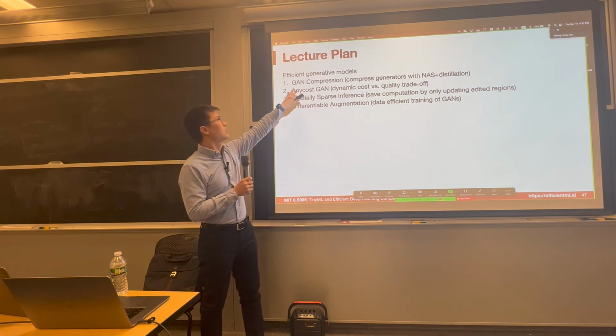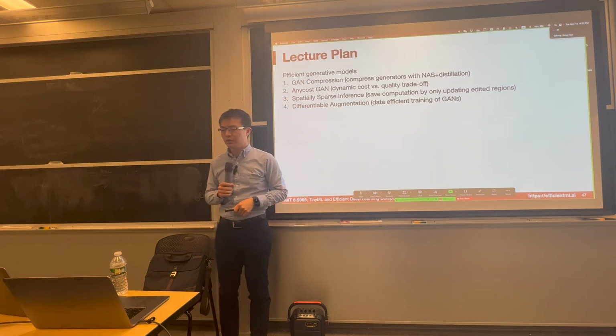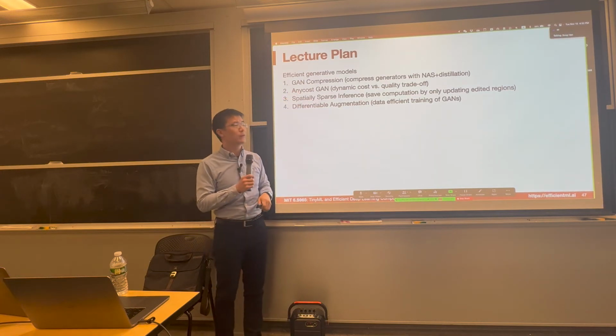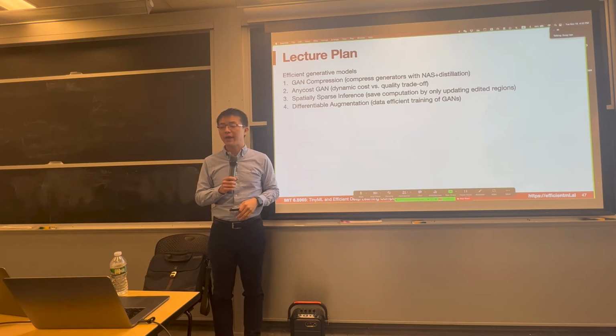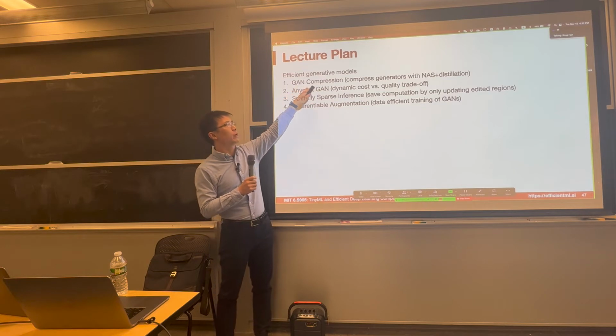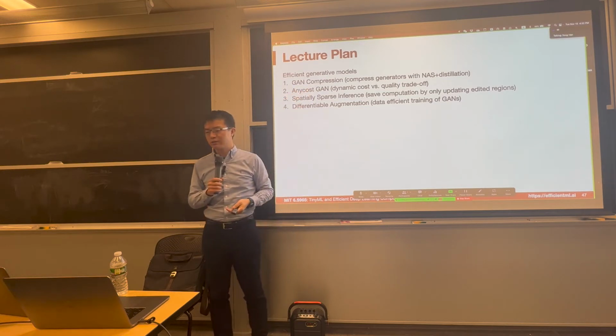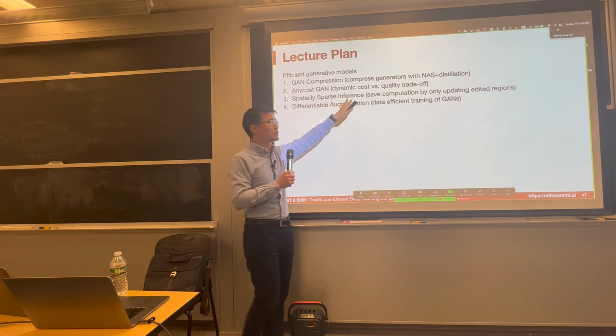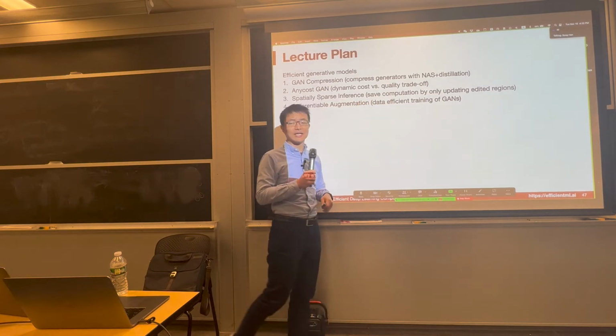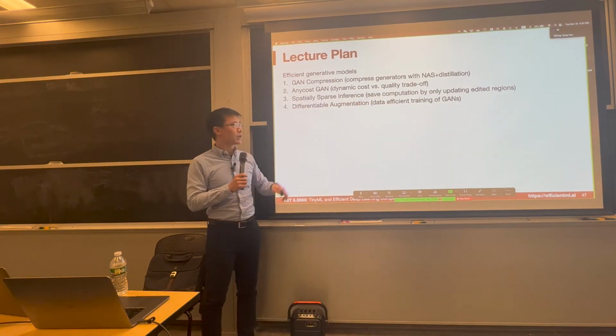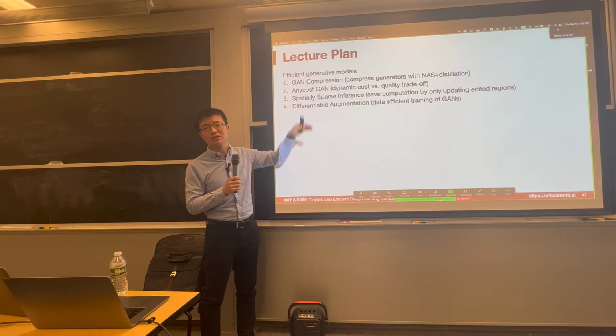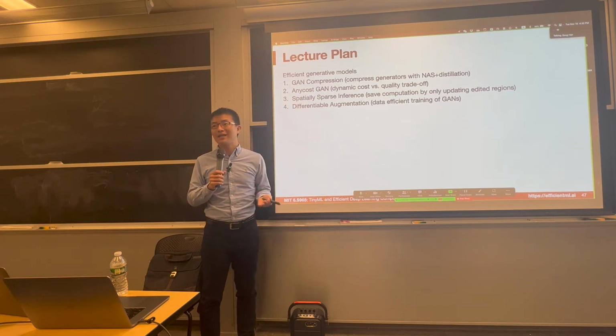And this is the plan for those generative models. Today we're going to first talk about the background: what is the GAN model? And we are going to talk about GAN compression, with neural architecture search and also distillation. In the next lecture, we're going to talk about Anycost GANs, to have dynamic cost.